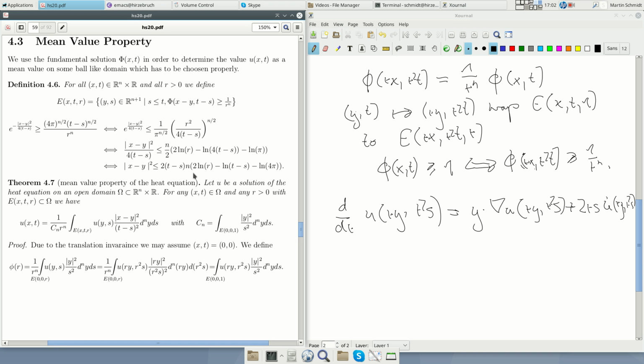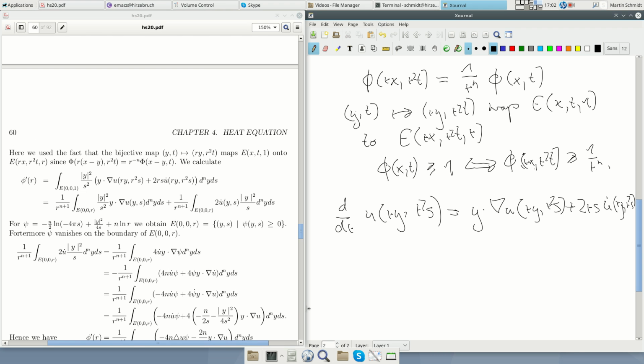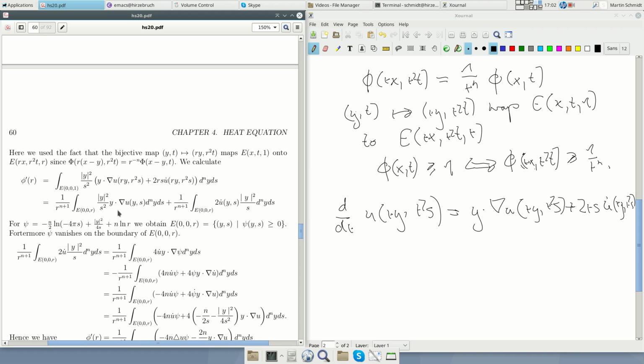All this term simplifies, and then we have here y squared, and we bring this to the other side, and then we have exactly that this function is positive. So this is by definition chosen in such a way that this ball is defined by this property.